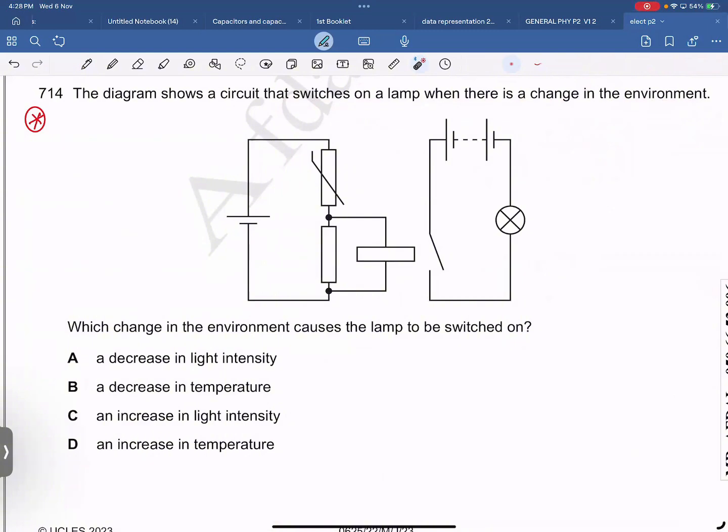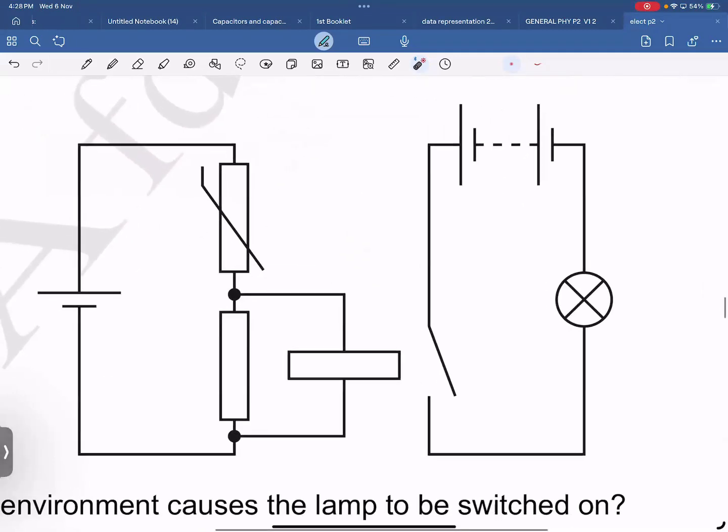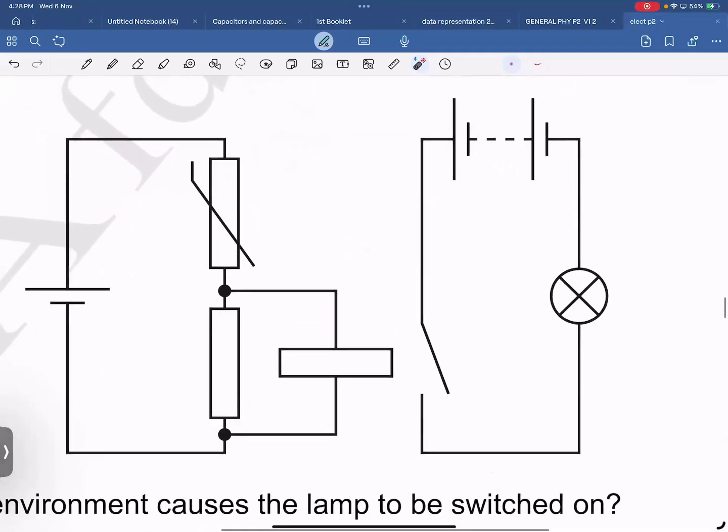Let's discuss. You want to switch on the lamp. So let's not read the options and understand how this lamp can be switched on. Ready? To turn on this lamp, first of all, this switch must be closed.